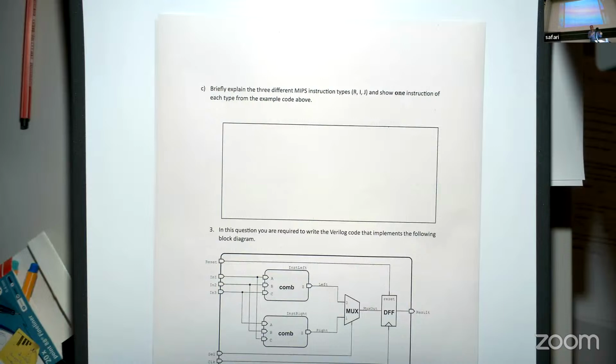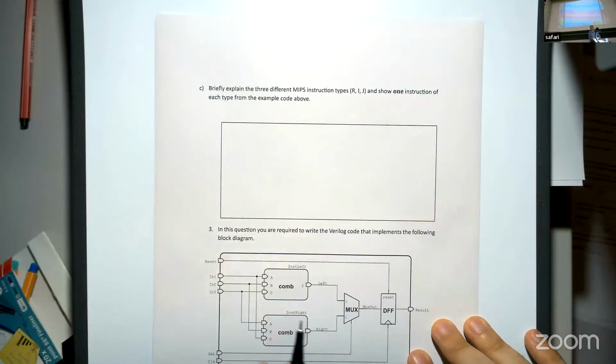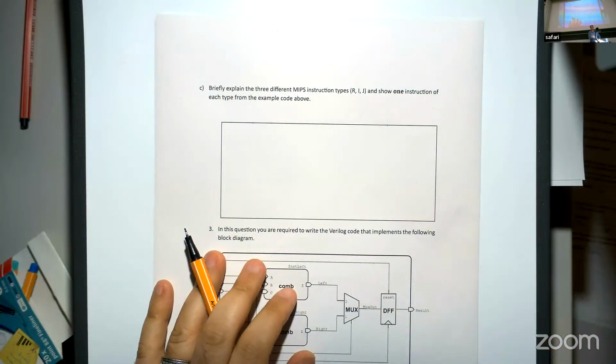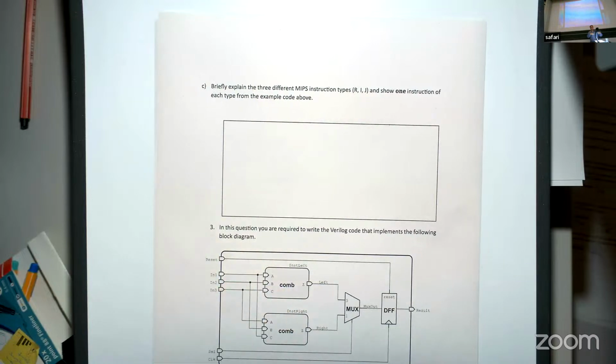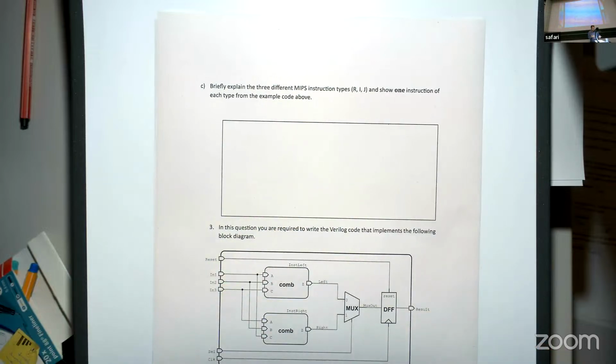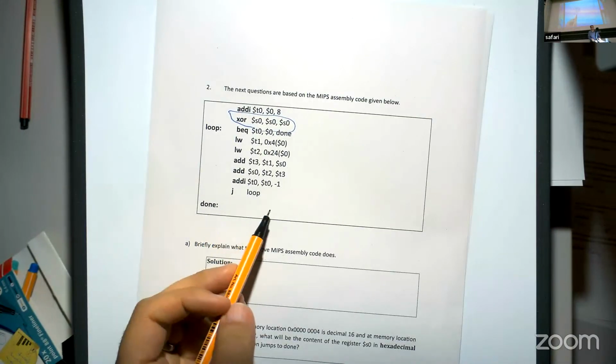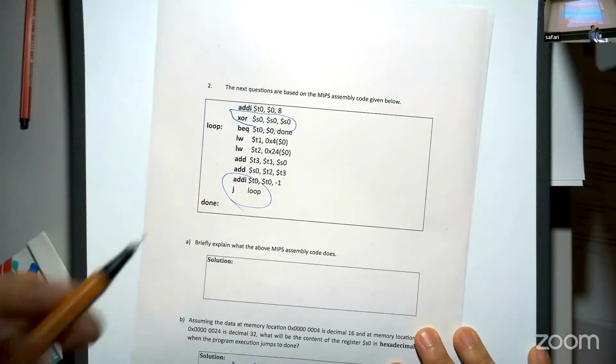So in the end it's still a bit PC-relative, but you have much more freedom compared to the immediate address in I-type, where you basically need to calculate the offset between the destination and the current PC. So the jump J is for unconditional jumps, and we have 26 bits to define the destination address. In our example code, we have this jump loop, which is a J-type instruction.